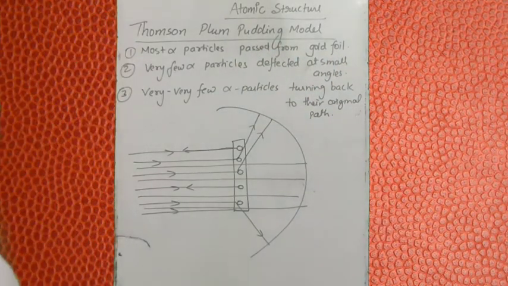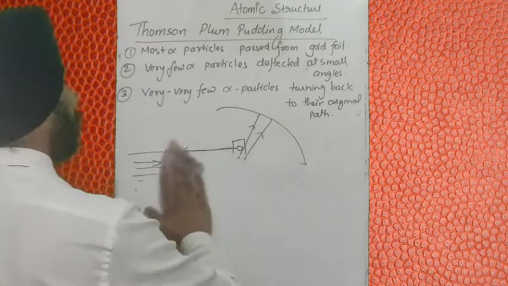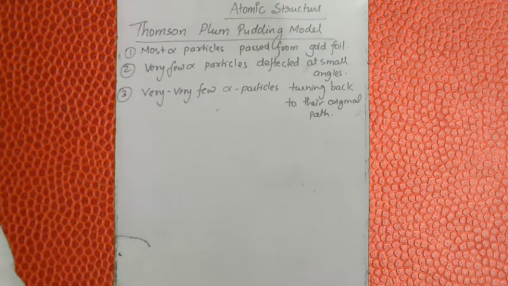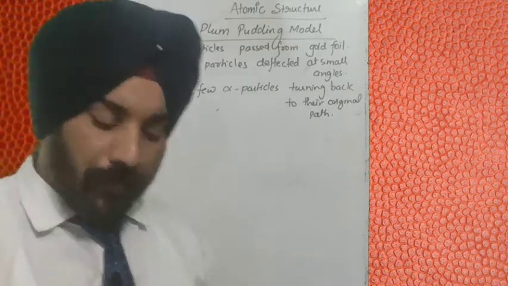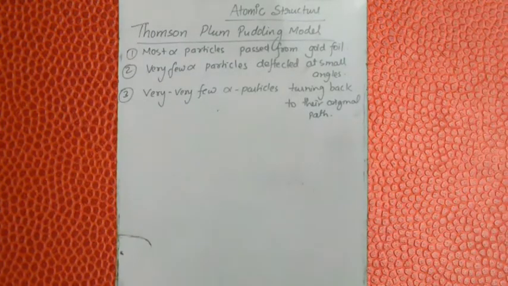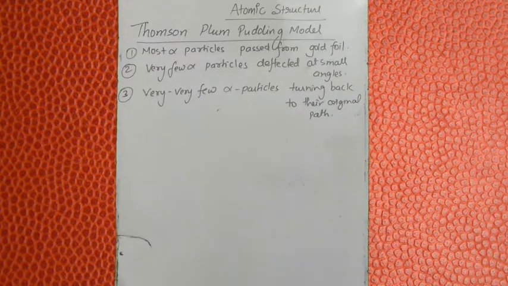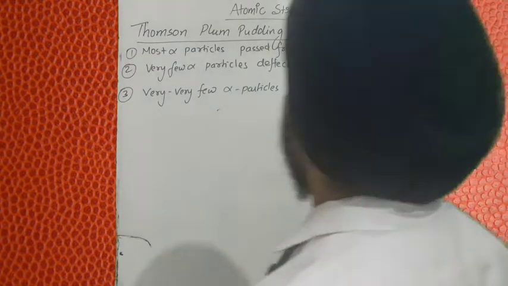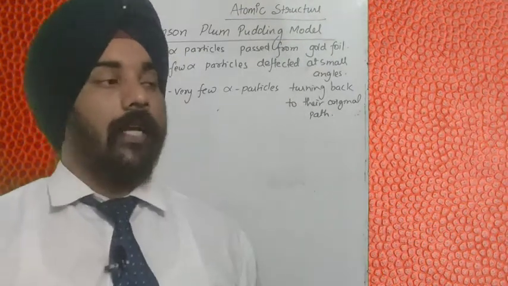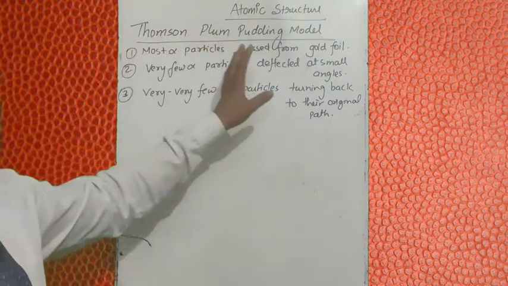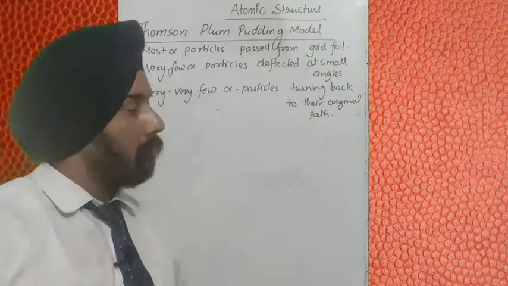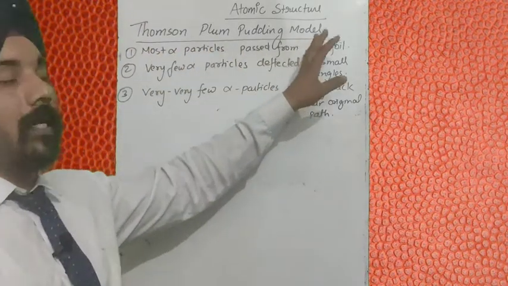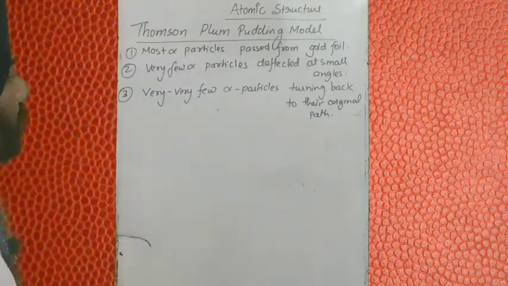So from this observation he concluded that most of the space inside the atom is free, empty. Because most of the alpha particles were passing through the gold foil.